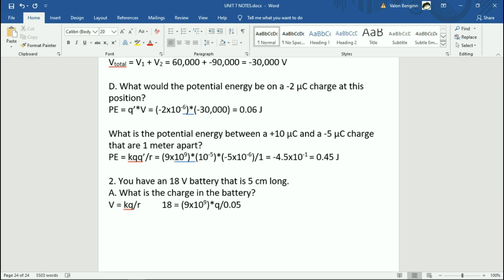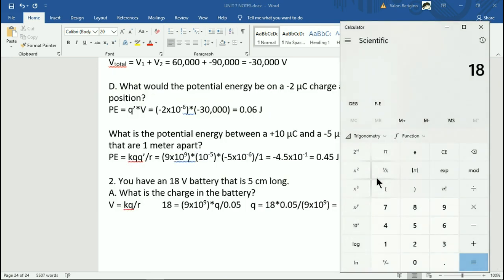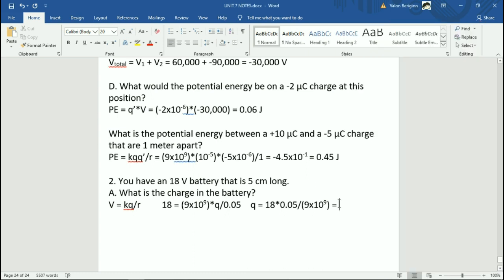This means we have Q equals 18 times 0.05 divided by 9 times 10 to the 9, which is a small number. That's 10 to the negative 10 coulombs.